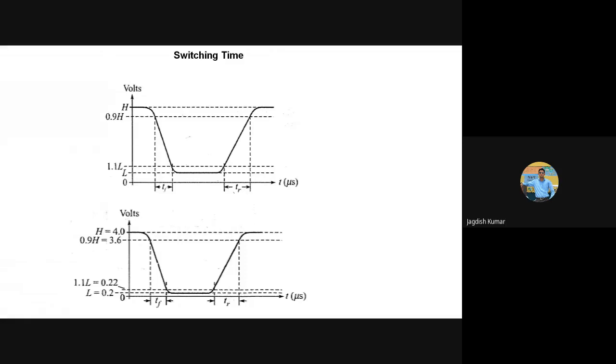Why it happens is because we use our circuits to operate in saturation mode. I don't know if you have studied the transistor, but of course it should have been in your plus two class. The transistor is in an off state or an on state. Off state means no current passing through the transistor circuit.